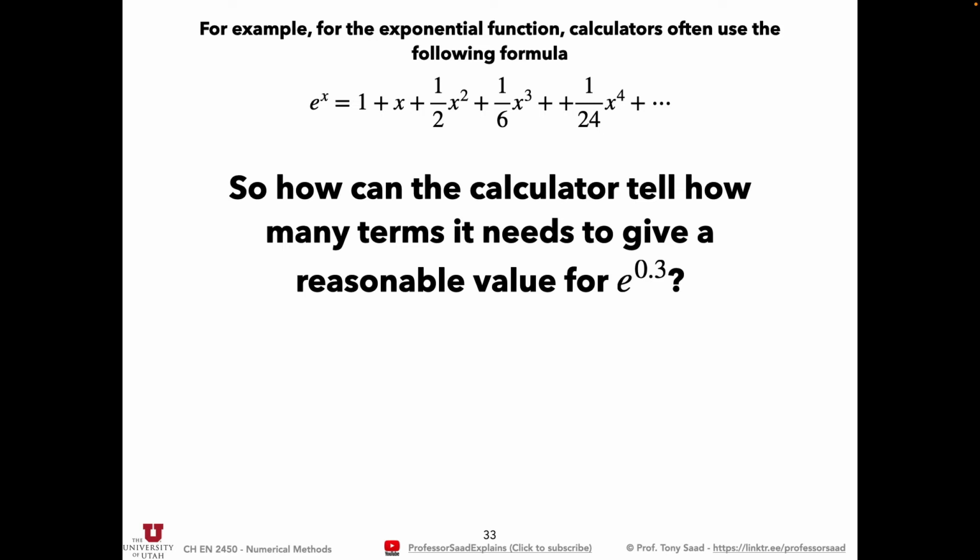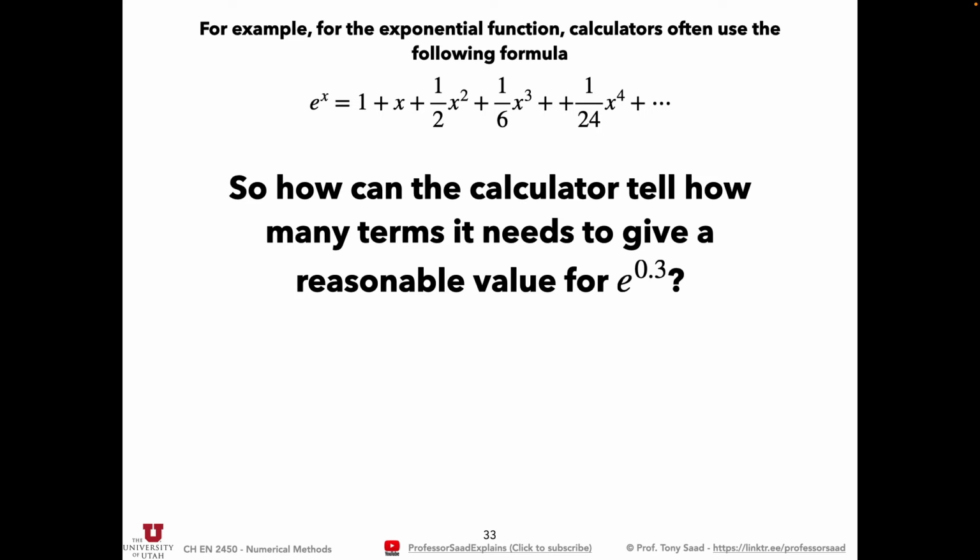In fact, from communication with Texas Instruments or Casio, some of these big calculator brands preset a certain error tolerance, say, we're going to give answers within an error less than 0.1% or 0.01%. So it internally, automatically adds more and more terms until it hits that error. It is doing some measure of error.